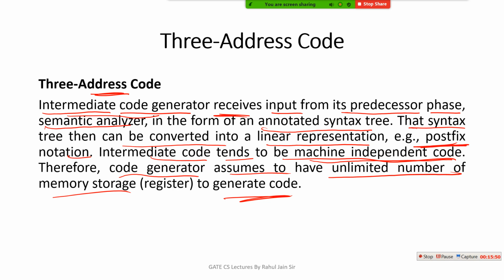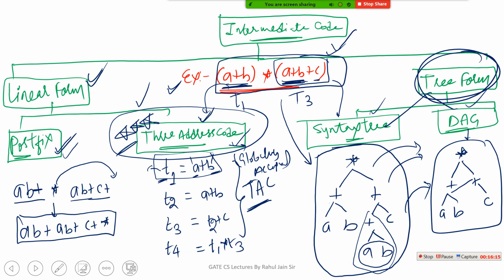You can take a screenshot of it and we can move forward. If you want to take a screenshot, guys, please take it. If you have done it, tell me so that I can move forward. You can also take a screenshot of this chart, where I have written the various forms of intermediate code, that is linear form and tree form.